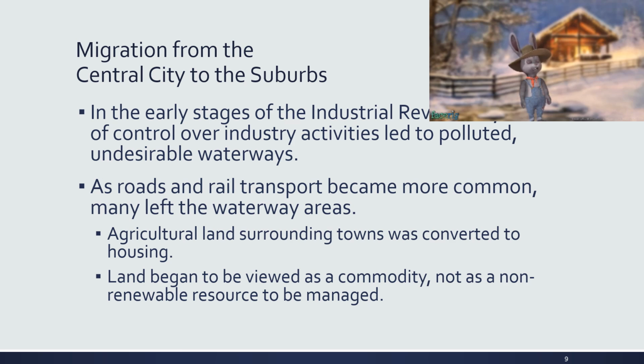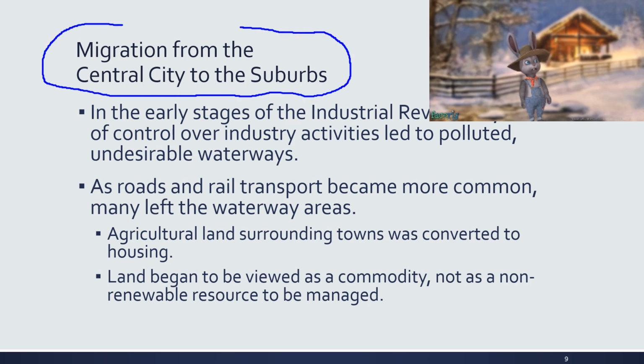Another thing we see, as urban areas become bigger, more crowded, and as you develop a middle class, we start to see migration from urban areas to suburbs. And this is primarily driven by this wonderful thing called cars, transportation. And that can include trains, anything that can be commuted on.